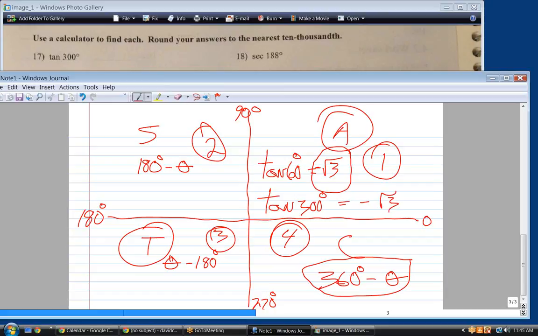Okay. And that process works. I just looked at the top instructions and realized that's not what you're doing here. They want you to use your calculator. Even still, what I just taught you is incredibly critical for learning and understanding trig.